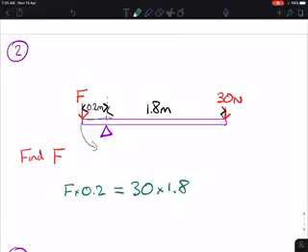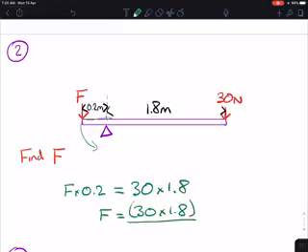So then to find F, we need to do 30 times 1.8 divided by 0.2, which gives us an F of 270 newtons.